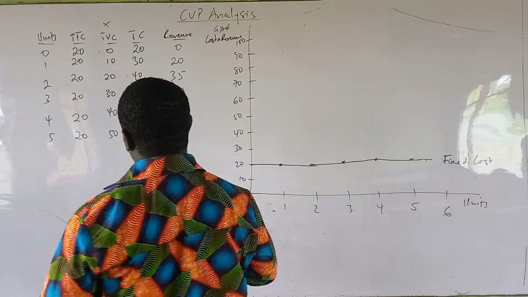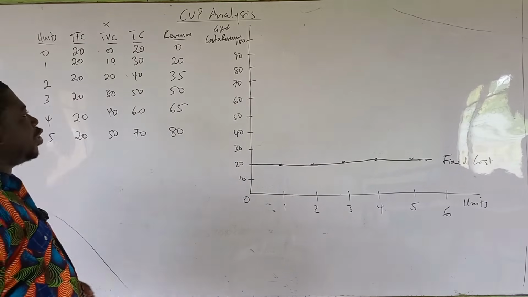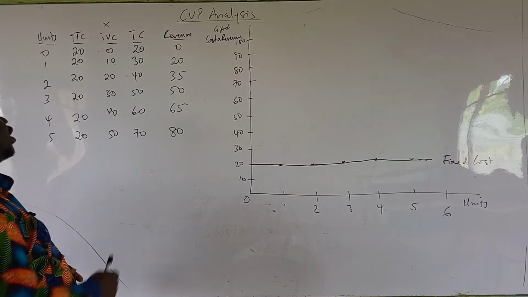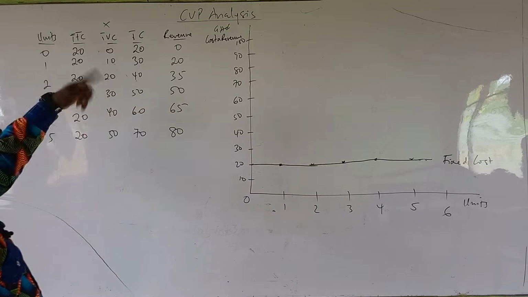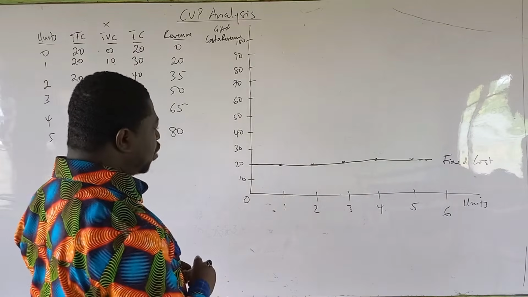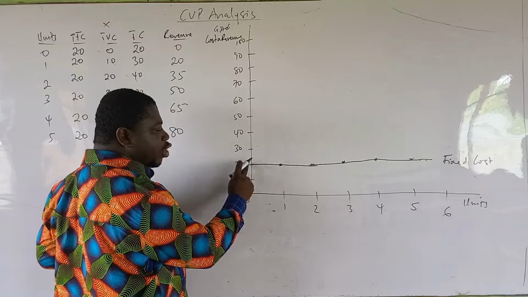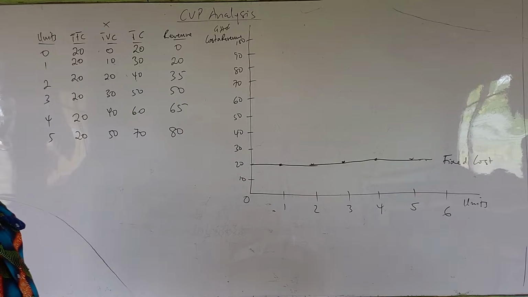Now that we are done plotting the fixed cost, let us also plot total cost. I said we are not plotting total variable cost, please. So we are plotting the total cost, unit against total cost. So let's begin. At unit 0, total cost is 20. So 0, 20. You see, it begins at the same point where the fixed cost line began.